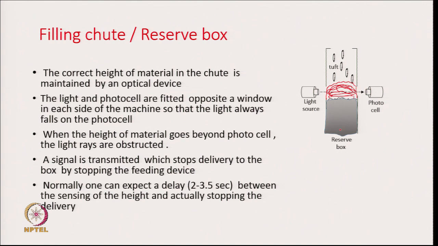And as soon as the reserve box is delivering material to the next machine, and the filling height has gone down and the light is falling on the photocell, the delivery to the reserve box will resume. This is how the on off control in the filling chute is going to work.